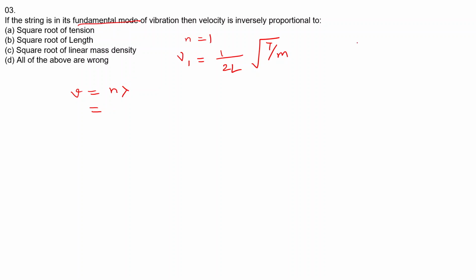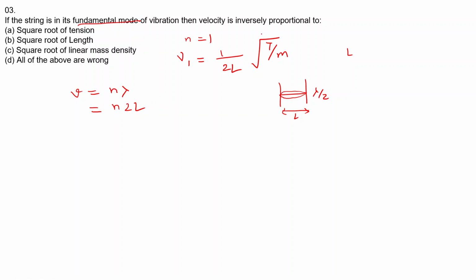For the n equals 1 mode, lambda is 2L. Because the n equals 1 mode means just one up and down, this kind of standing wave happens. This is L and this is a half wavelength. So for n equals 1, lambda is 2L.